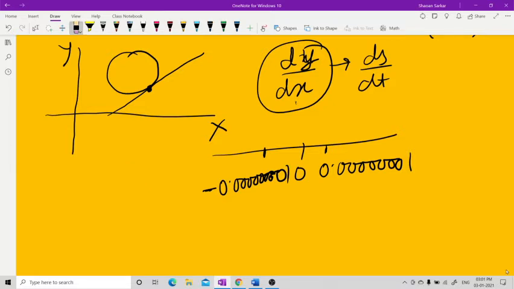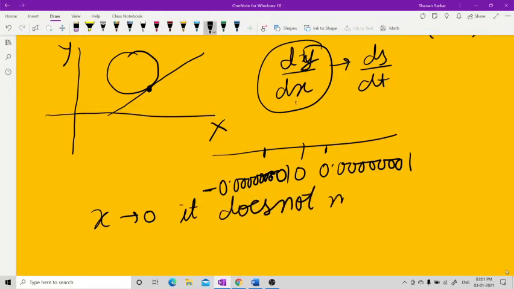Now when I say x tends to 0, it does not mean x is 0.